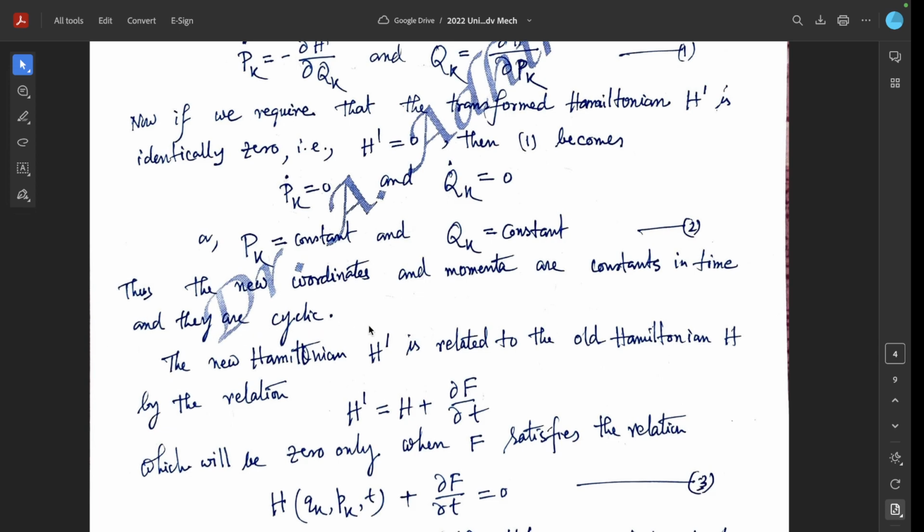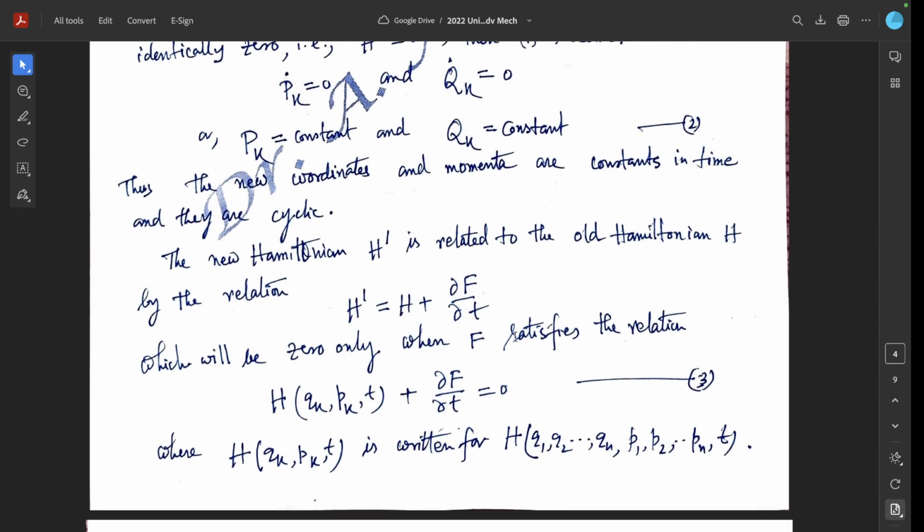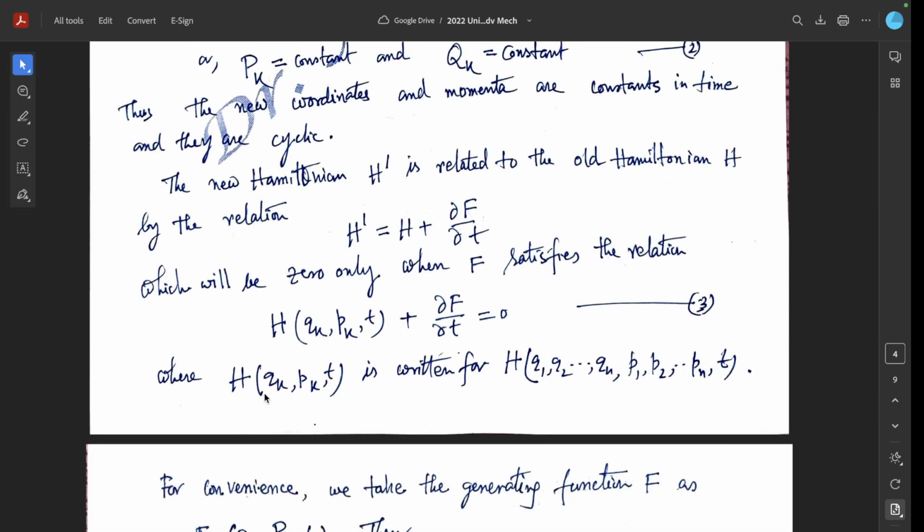And the new Hamiltonian H dash is related to the old Hamiltonian H by the relation H dash equal to H plus del del t F, which will be 0 only if F satisfies the relation H(qk, pk, t) plus del del t F equal to 0, where H(qk, pk, t) is written for H, qk means q1, q2, ..., qn and pk means p1, p2, ..., pn, comma t.